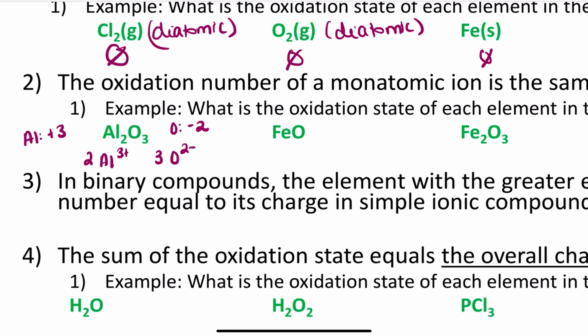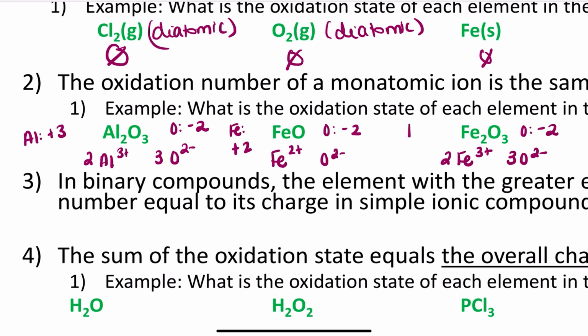FeO. We know the iron here has to be +2 because we know the oxygen wants to be -2. So the oxygen, -2, the iron, +2. Fe2O3, we know we have 2 irons. They're going to be +3 each because we have 3 oxygens that are each going to be -2.